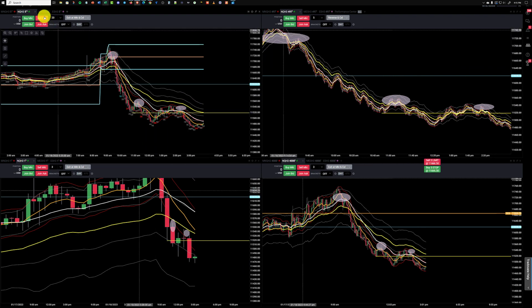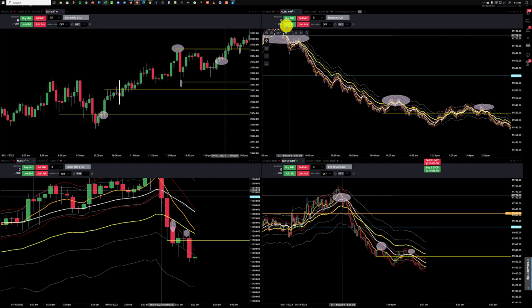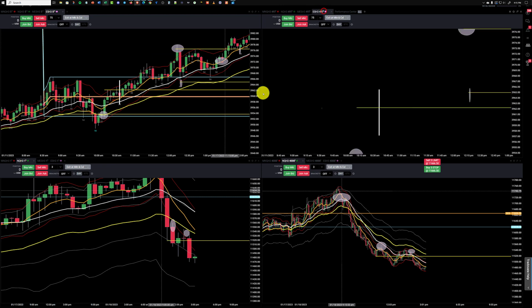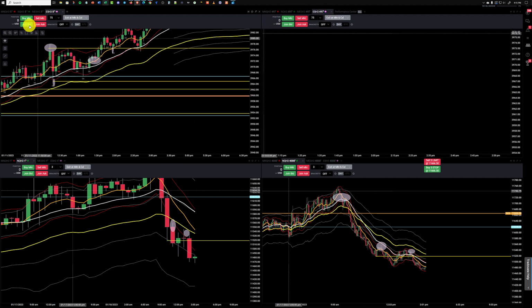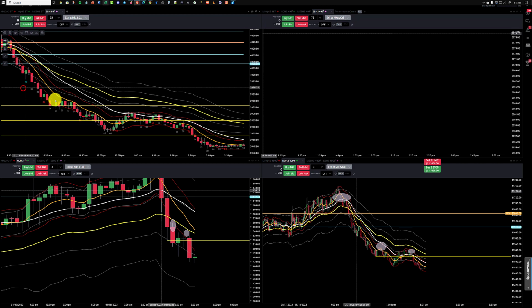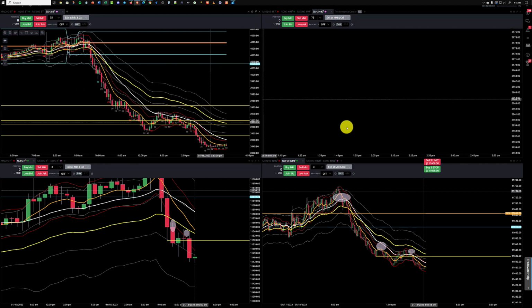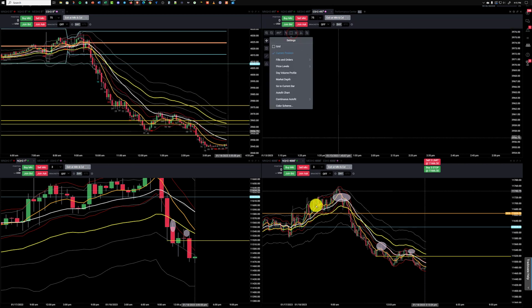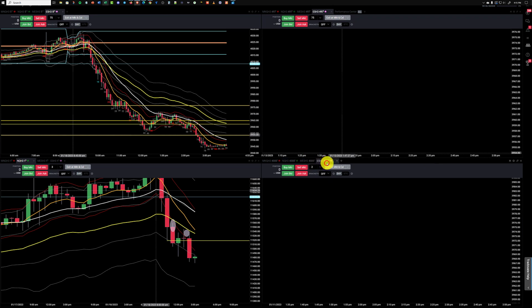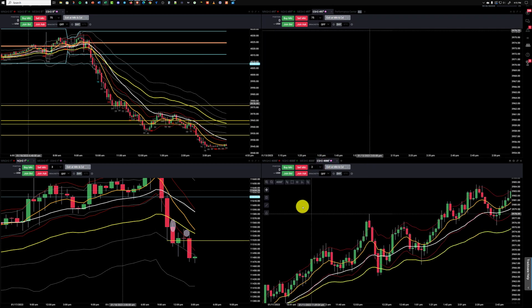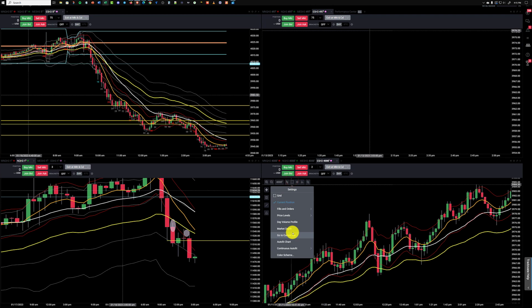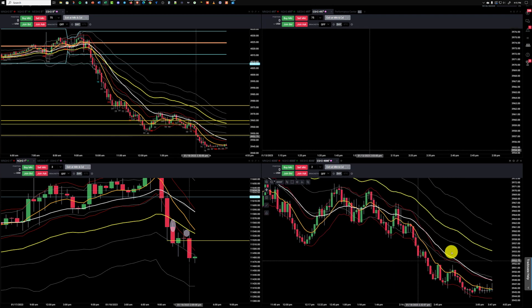So let's go to the ES. Let's just look at the ES just for the sake of looking at it. If we look at the ES chart, we will notice, let's go to current bar, the same pattern, the same pattern. So there should be no surprise. The ES followed the same pattern.